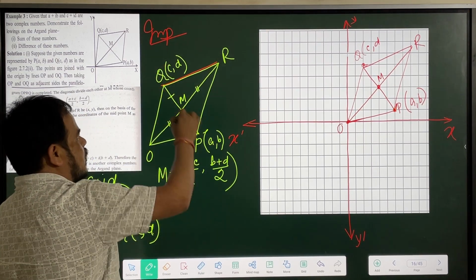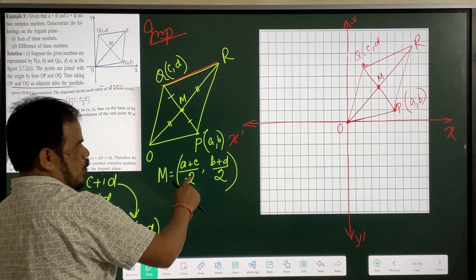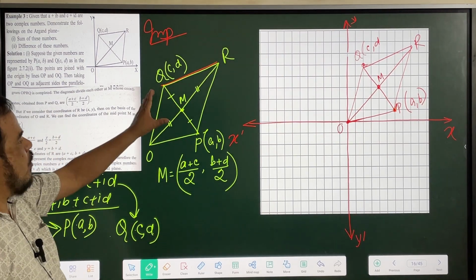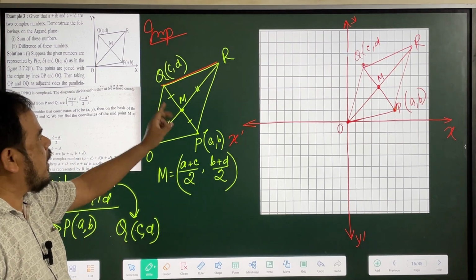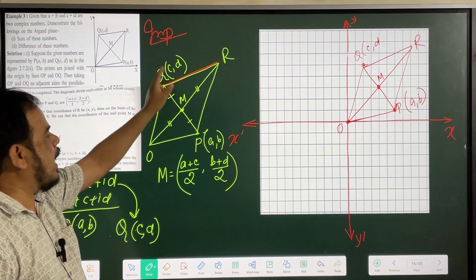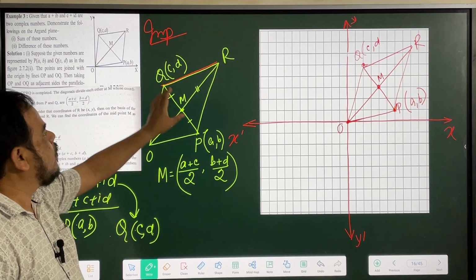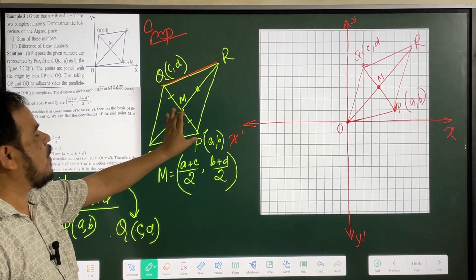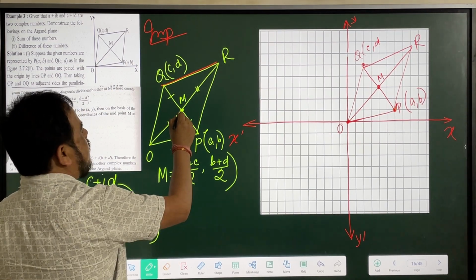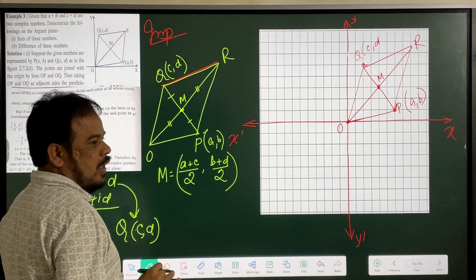For the x-coordinates, if we add them, we divide by 2 because it is the midpoint, half. Again for the y-coordinates, we add and divide by 2. So M means the midpoint of the diagonals.